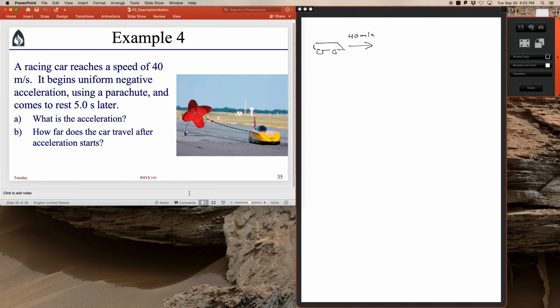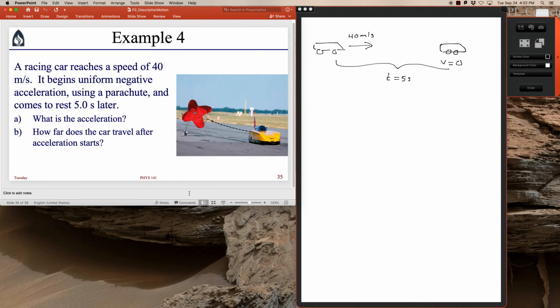Then sometime later, 5 seconds later, it comes to rest. So sometime later, my velocity is 0. It has stopped and is no longer moving. And the amount of time that elapses between these two states is 5 seconds.